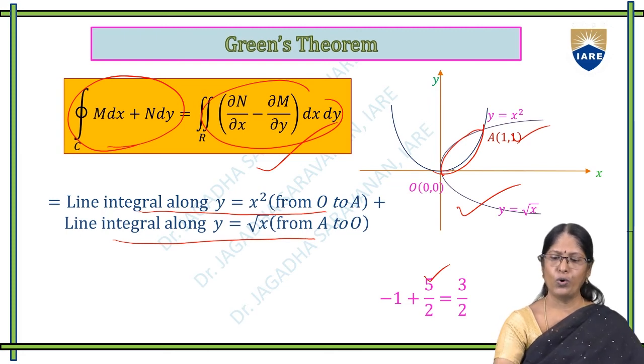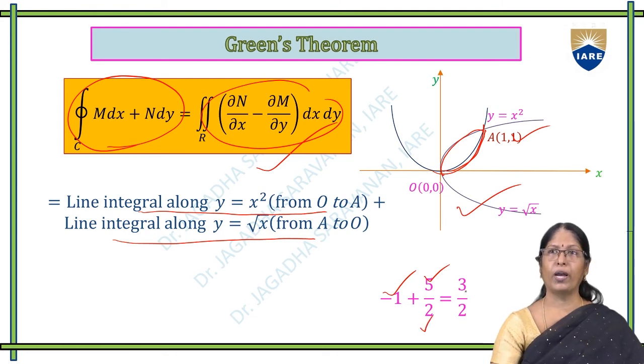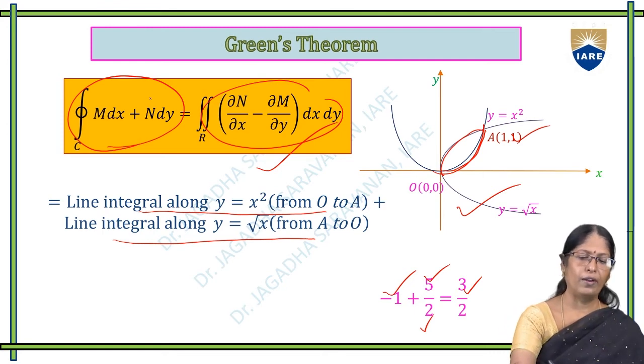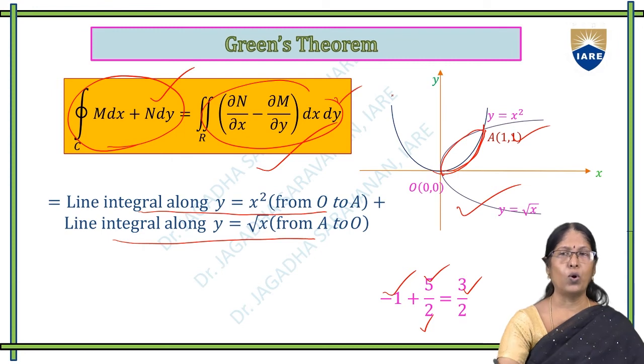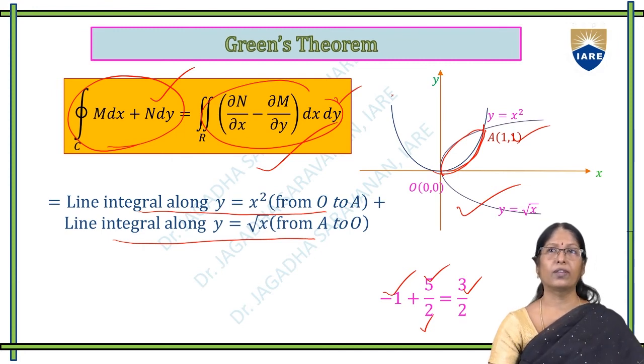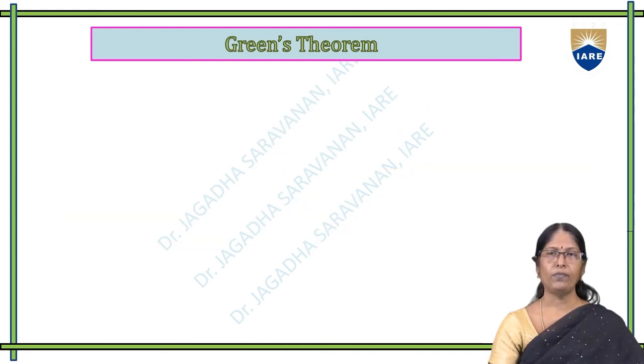O to A is minus 1, A to O is 5 by 2. Put together, the result of the left hand side is 3 by 2. The right hand side we already derived is 3 by 2. So left hand side equals right hand side, and we verified Green's theorem formula.